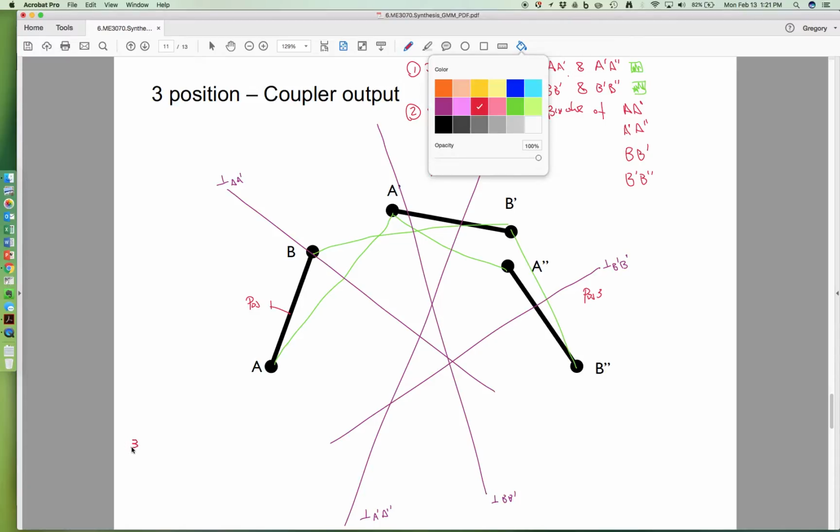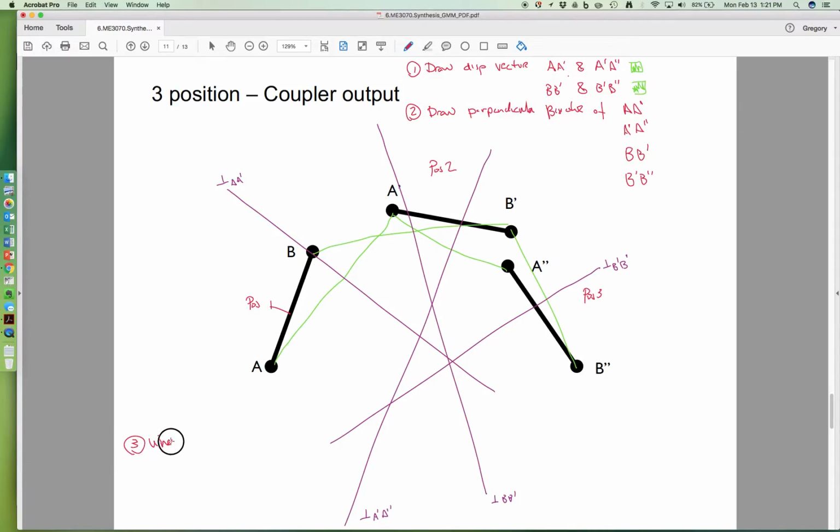Now the third step is where the perpendicular bisector of A to A prime and perpendicular bisector of A prime to A double prime intersect is O2, and the fourth, where the perpendicular bisector of B to B prime and perpendicular bisector of B prime to B double prime intersect, is O4.